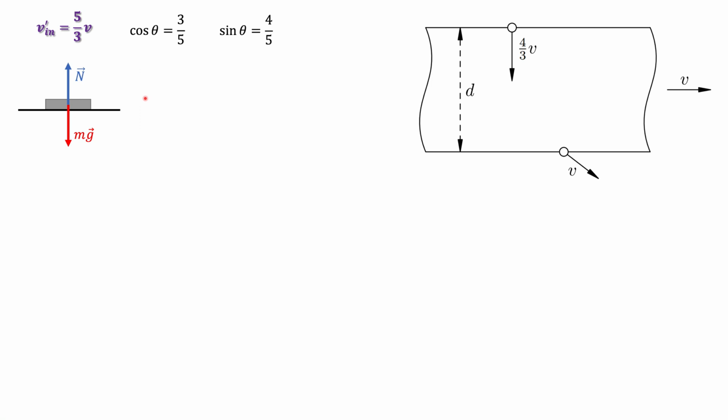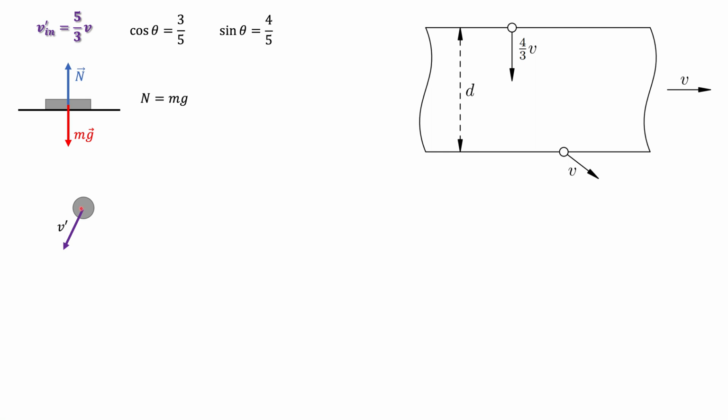The coin is not moving vertically at all. Vertical acceleration is 0, and therefore in absolute values, the normal force should be equal to the gravity force. So if n is the magnitude of the n vector, and mg is the magnitude of the mg vector, this relationship is true.